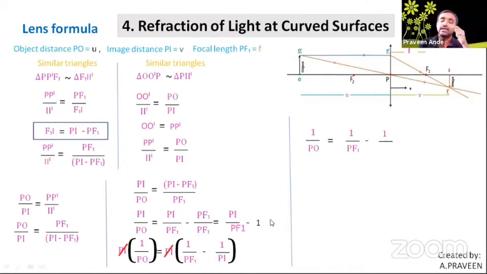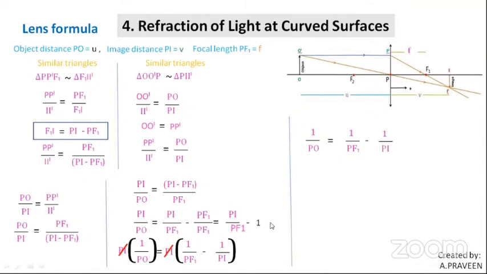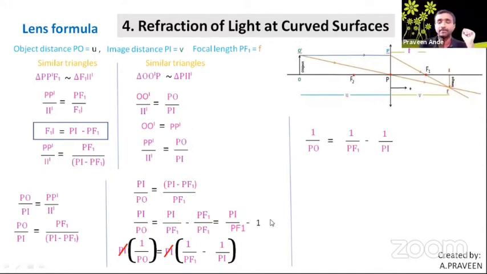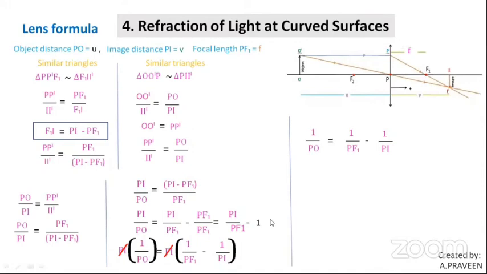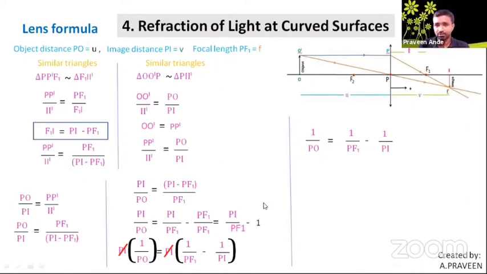Then look at the denominators here. Do you know what Po is? Object distance. Okay. Do you know Pf1? Focal length. What is Pi? Image distance. Let me substitute them. If I replace that, definitely I will get the relation between object distance, image distance and the focal length.